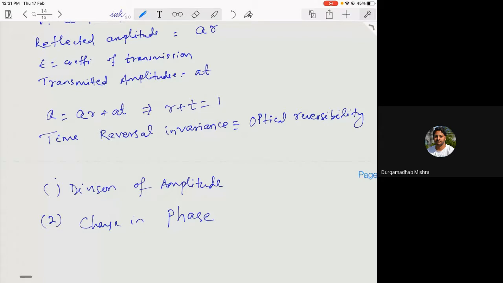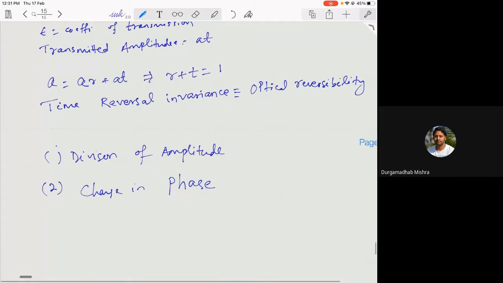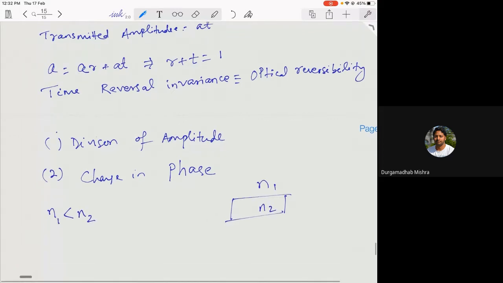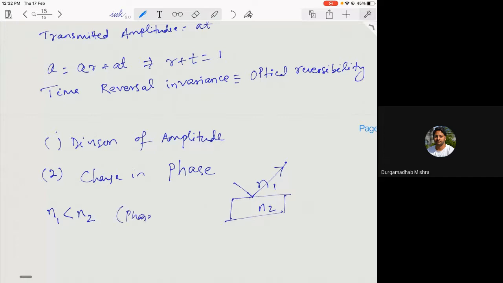When light falls from a rarer medium onto a denser medium, this is your N1, this is your N2, and N1 is less than N2, that means light is coming from a rarer medium to a denser medium. N2 is a denser medium because the refractive index is high. When light is reflected in this case, there will be a phase change of pi.